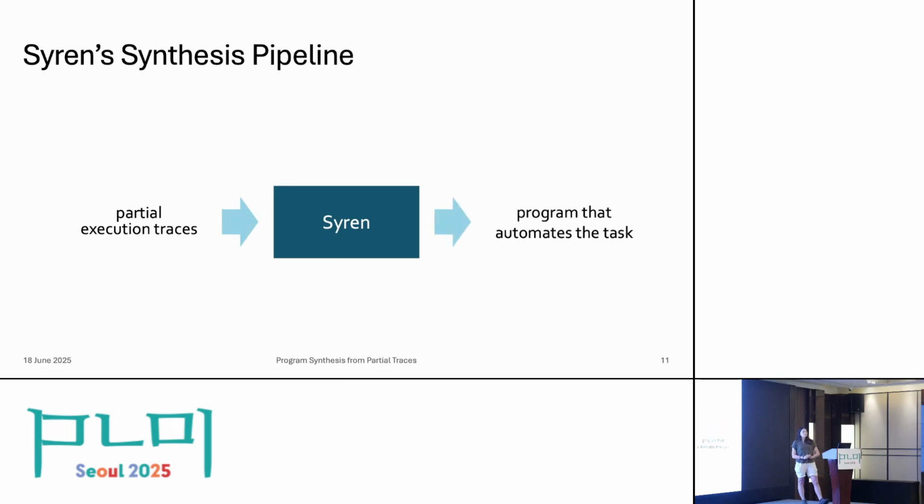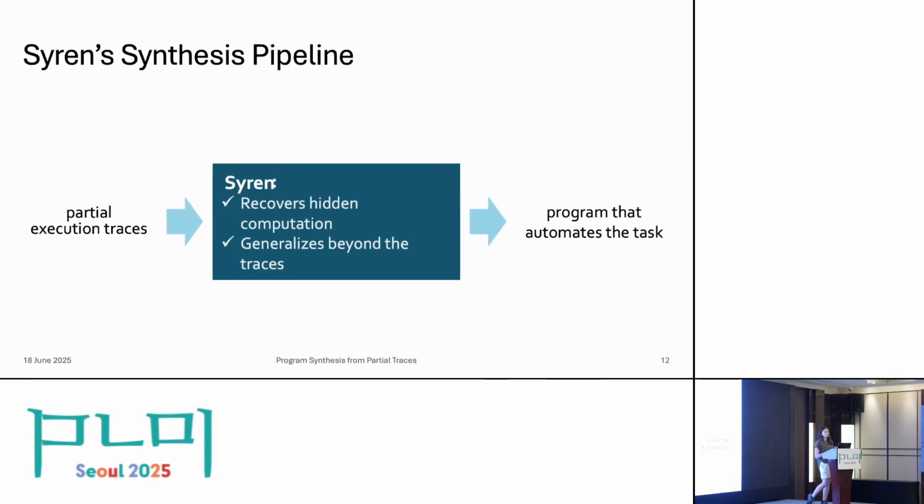So today I'm presenting a synthesis framework that we developed for this goal called Siren. Siren takes partial execution traces as the input specification, and by recovering hidden computation, it creates a program that will generalize beyond these traces and actually automate the task the user has performed.